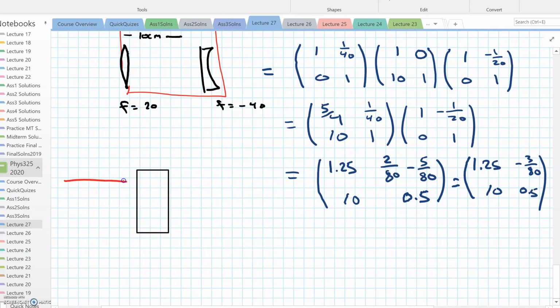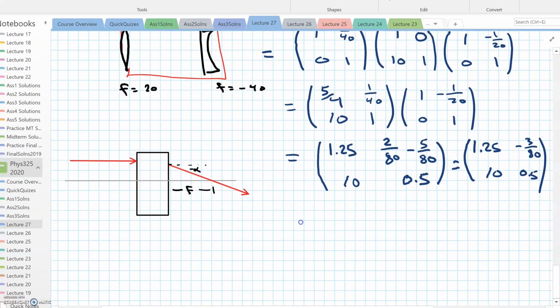We send in a collimated beam, and we see where it focuses. Collimated means parallel to the axis. It's going to emerge at, in general, a different height and a different angle. Where it crosses the z-axis, that's the effective focal length. And we see that it focuses if that alpha, the angle with respect to the horizontal, is negative.